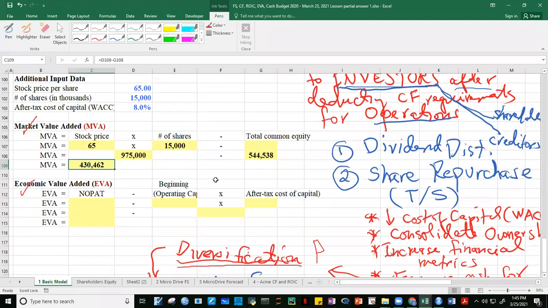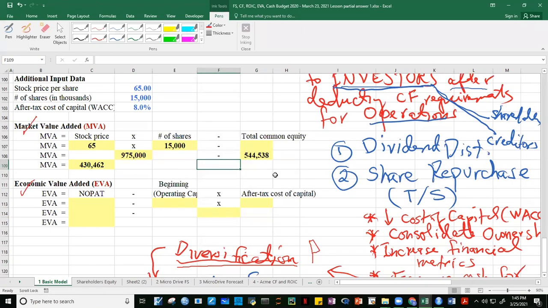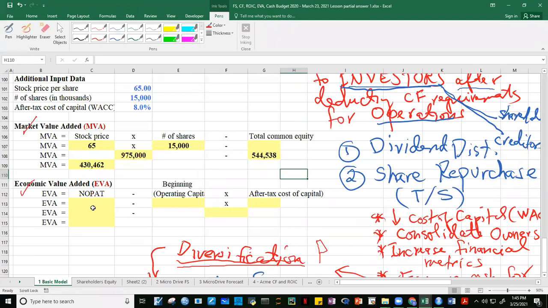Okay? Okay, and market value added is important for a variety of reasons, which I will be requiring you to read about, ano importance ng MVA at saka ng EVA. Okay, I will leave that to you for your research.